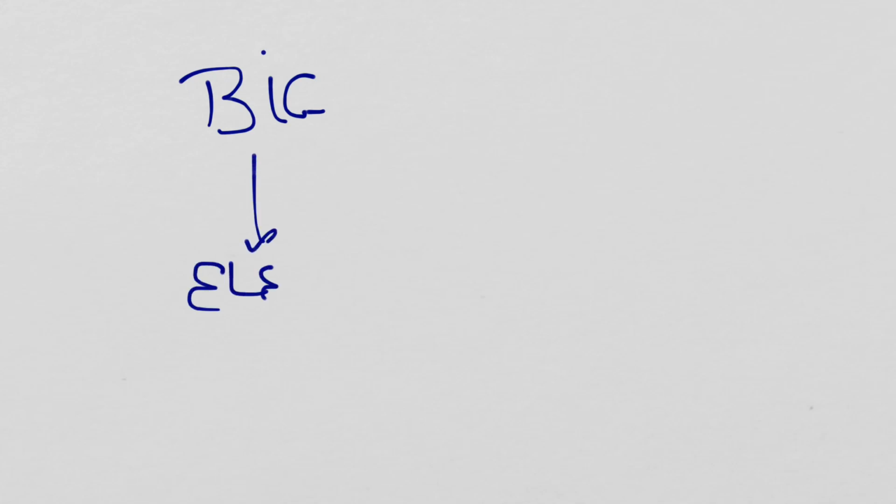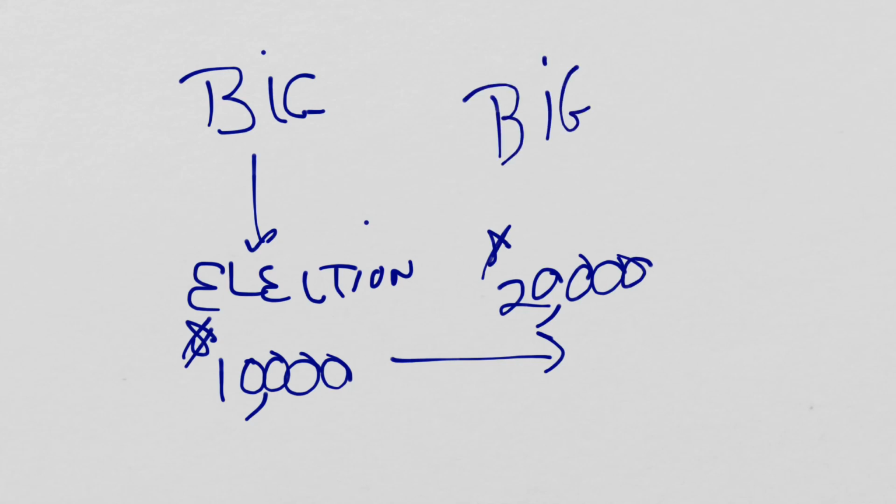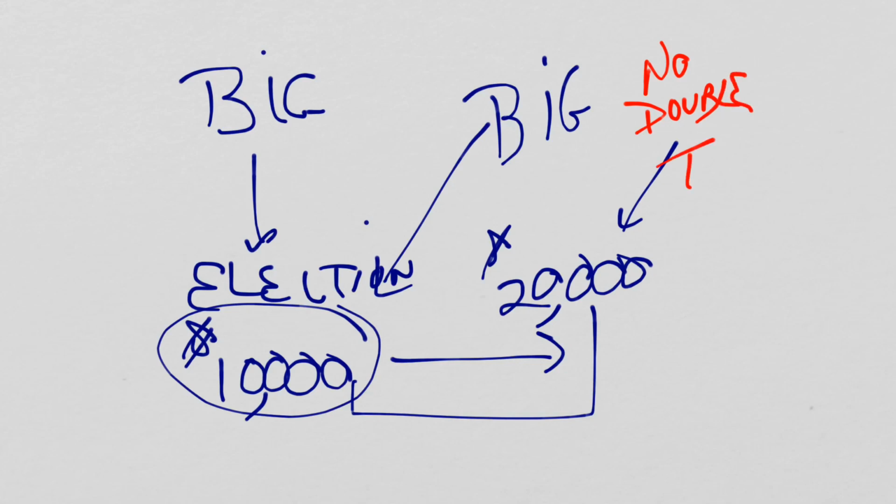So here's the election here, and let's say at that point in time on a sale or liquidation, the gain that existed was $10,000, but over time, now that everything appreciates and there's a $20,000 gain, the big tax is only subject to the $10,000 originally at the date. The additional amount is not going to be subject to double tax. So here the additional amount is no double tax, just one. Pretty complicated, but pretty cool.